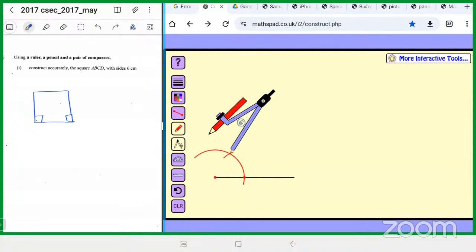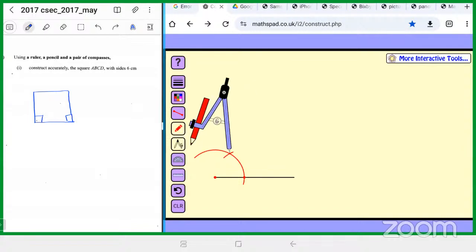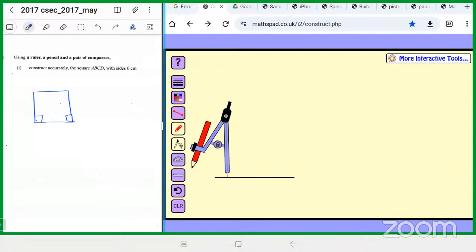I didn't lock the compass. I have to lock the compass, guys. Let me start over. All right, so I lock it this time.